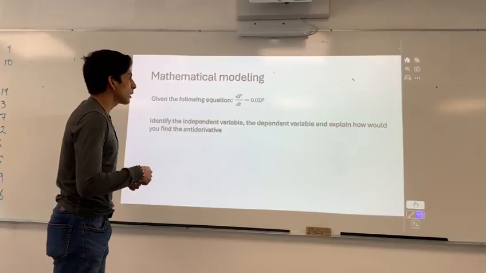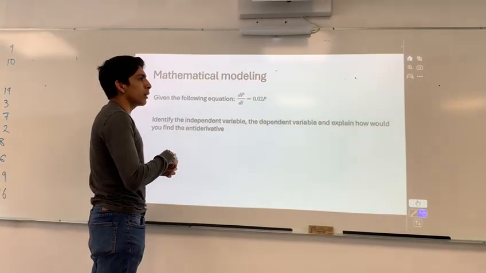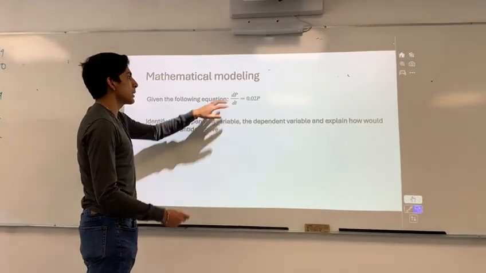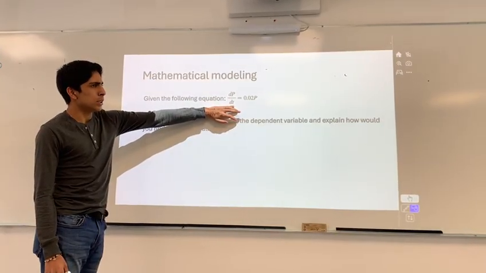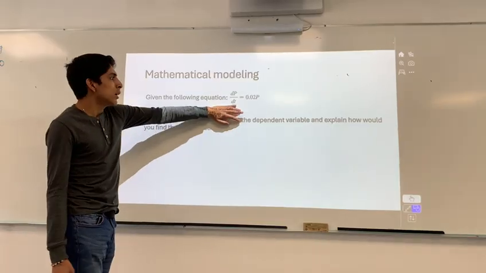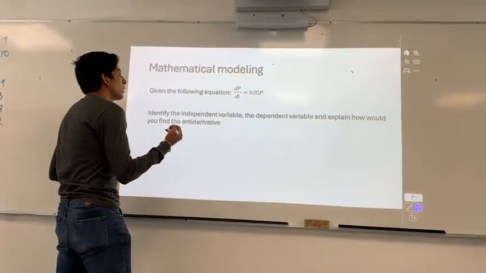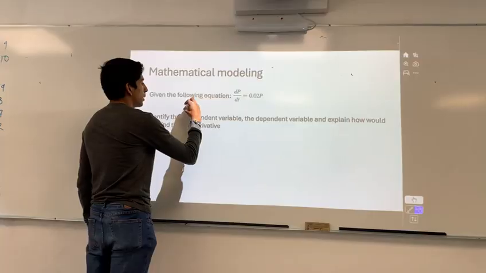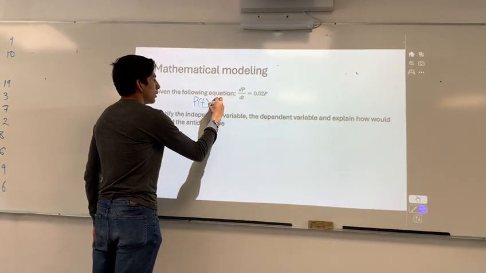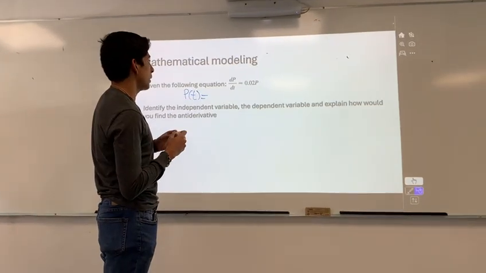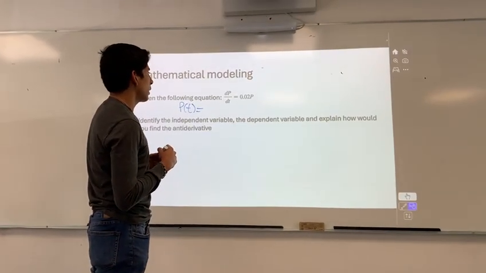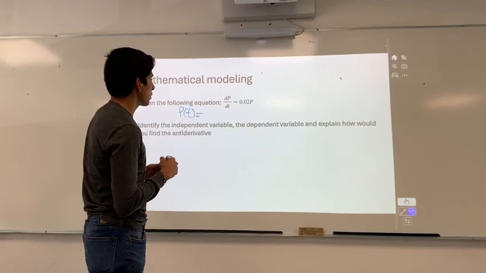That's because when we are looking at derivatives, the denominator is our independent variable, and we can write p of t, which is supposed to be a position.